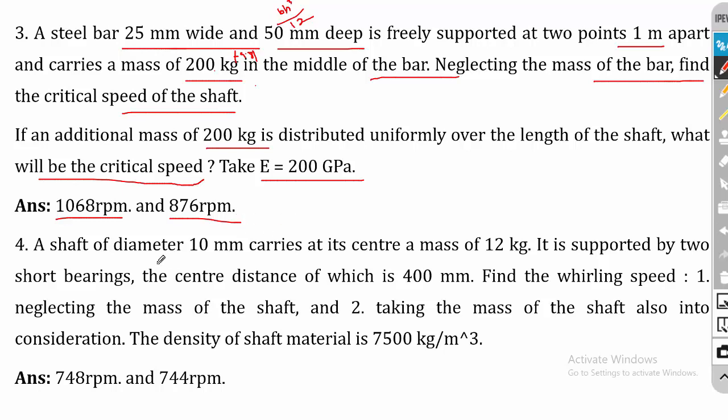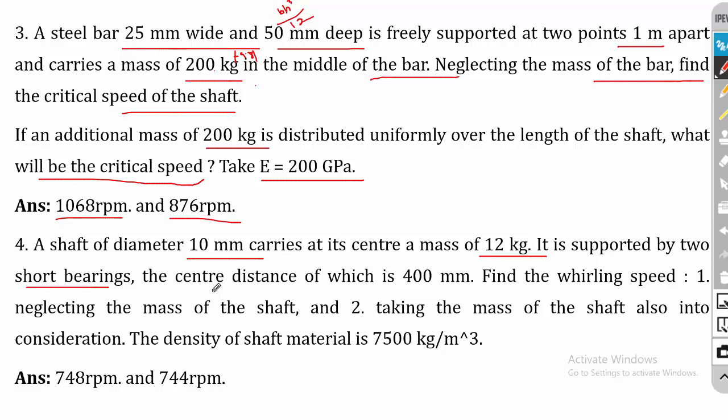The second tutorial problem is a shaft of diameter 10 mm that carries at its center a mass of 12 kg. Okay, so it carries 12 kg at its center. It is supported by two short bearings. The meaning of short bearings is we can consider the shaft as a simply supported one. Okay, remember that for short bearings it is simply supported.